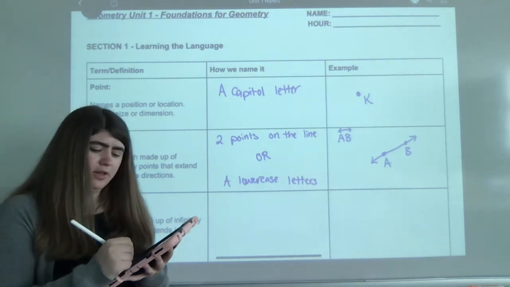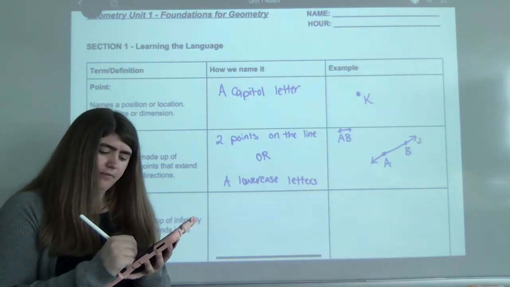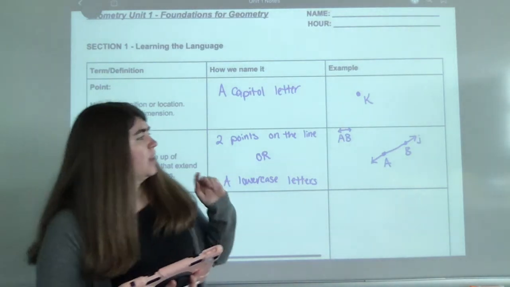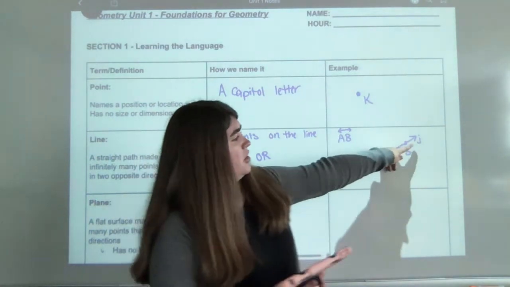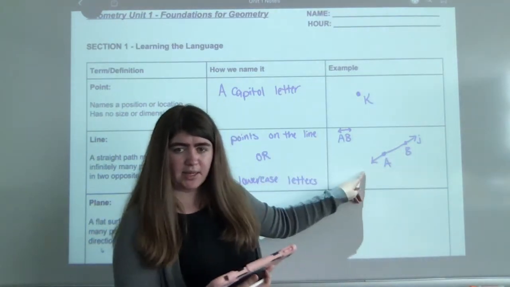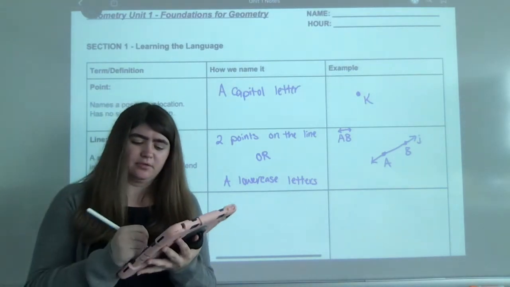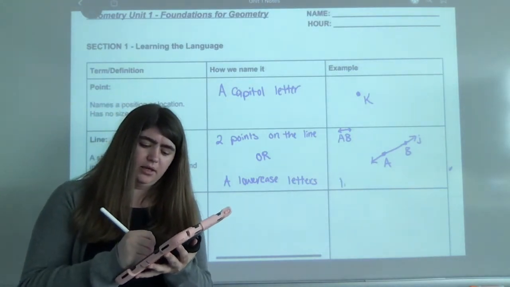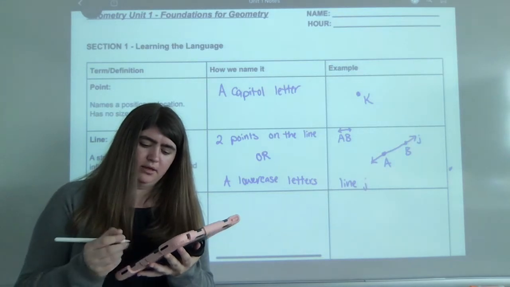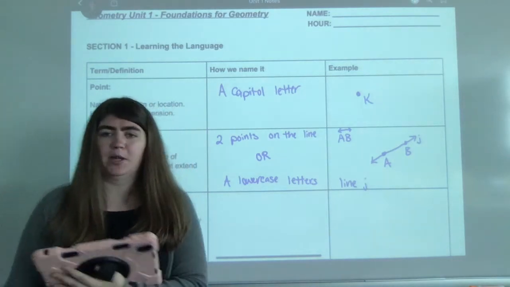Let's go with the letter J. So I have the letter J there. If I'm going to name it using this lowercase letter that I just named my line with, then I actually have to write out the word line as well. So I end up with line J, and that is how you name a line.